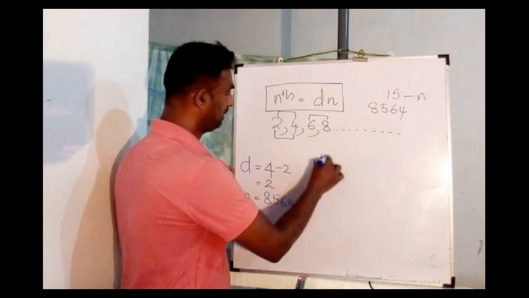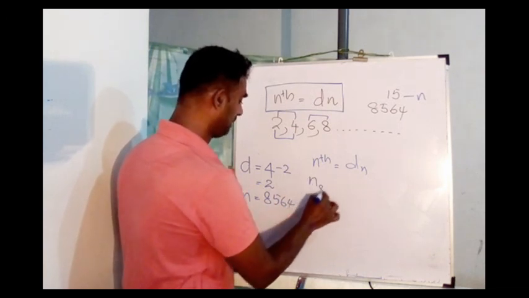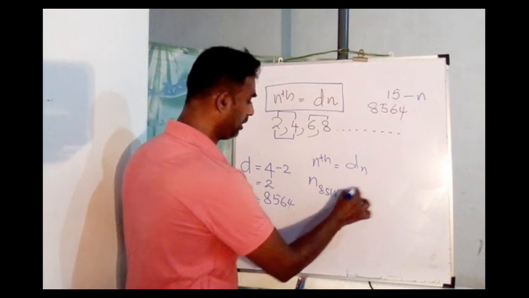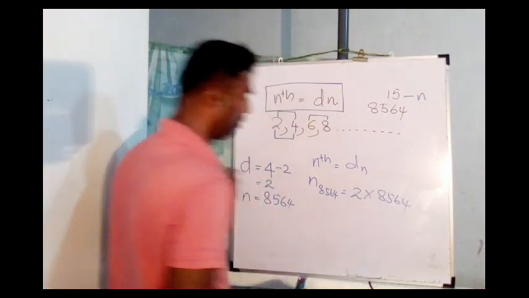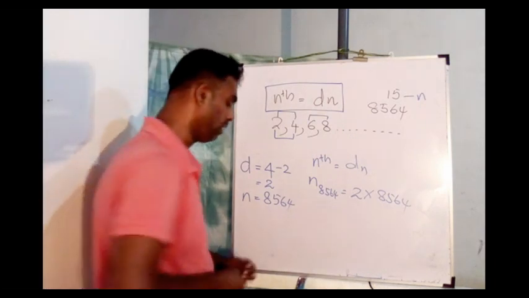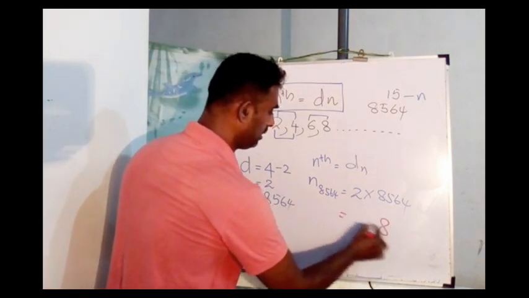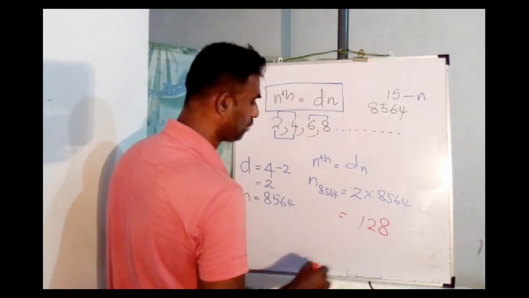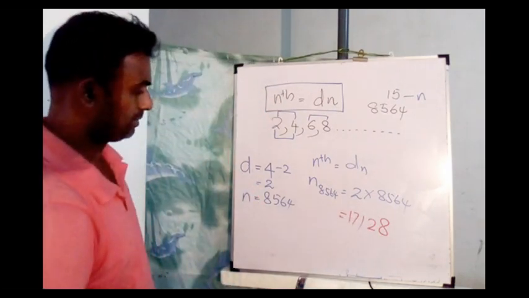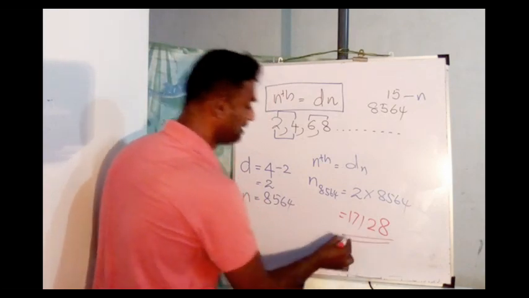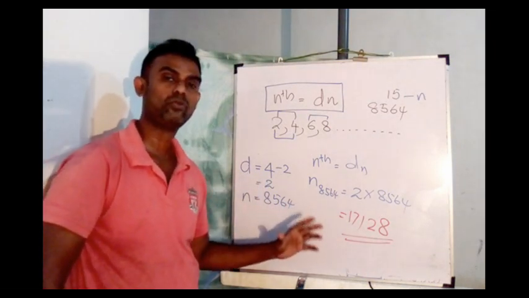Nth term equals d into n, so 8564 multiplied by 2. 2 into 4 is 8, 2 into 6 is 12, balance is 1, 2 into 5 is 10, 11, balance is 1, 2 into 8 is 16, 17. The answer is 17,128.